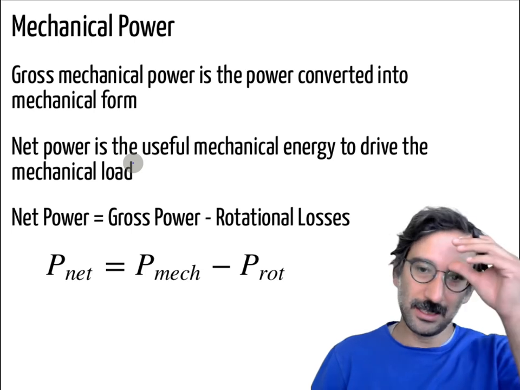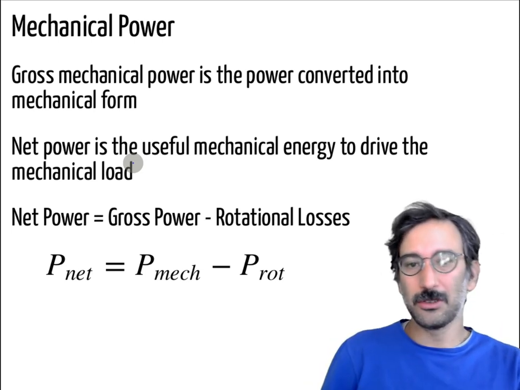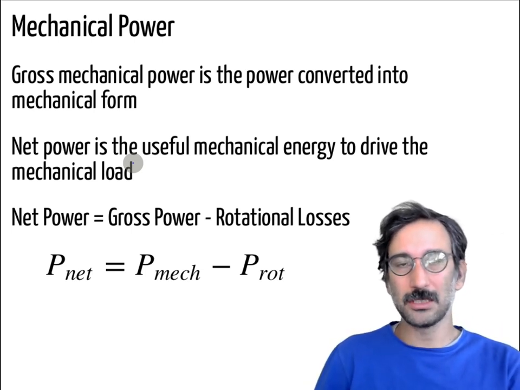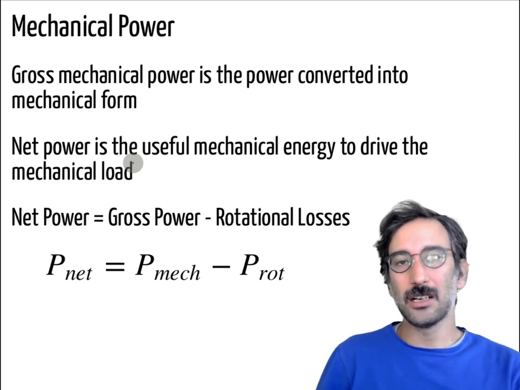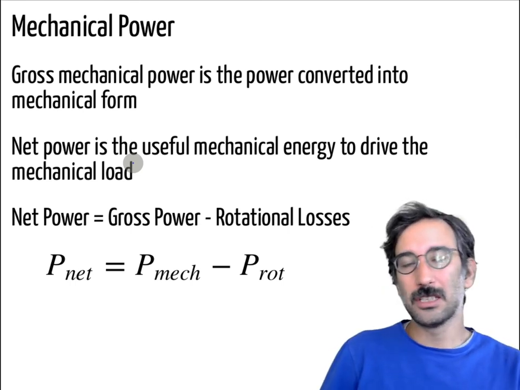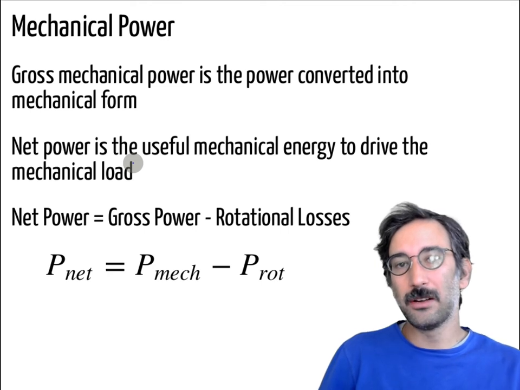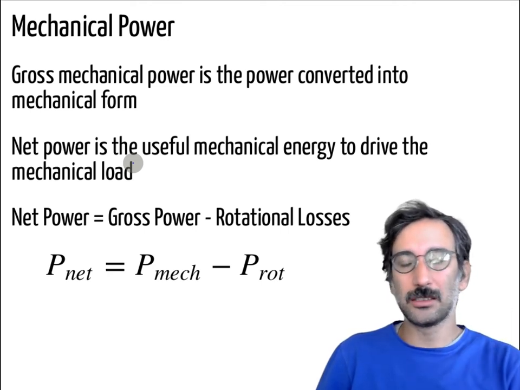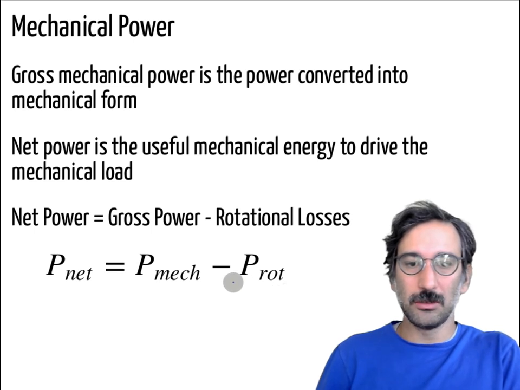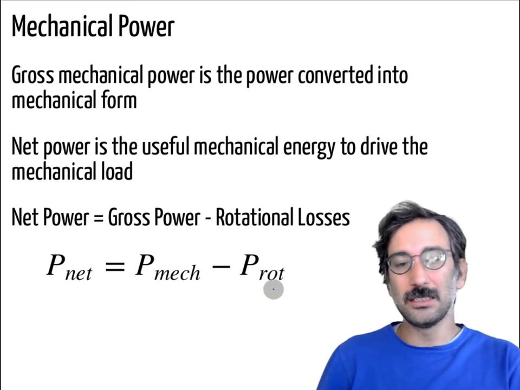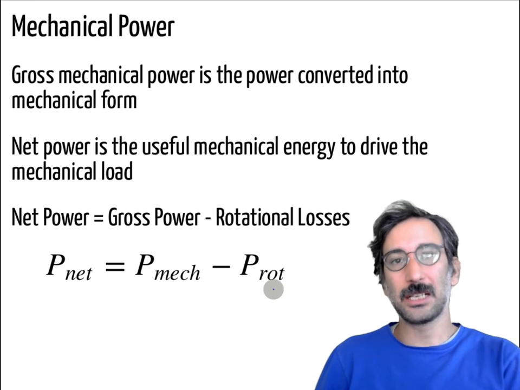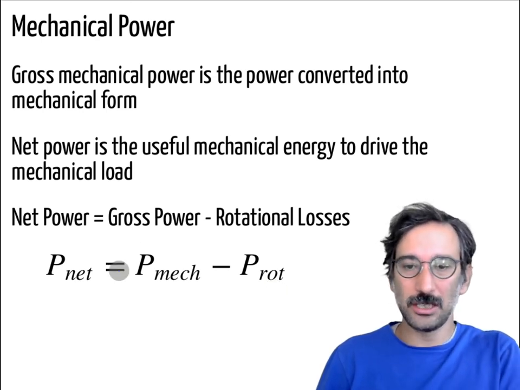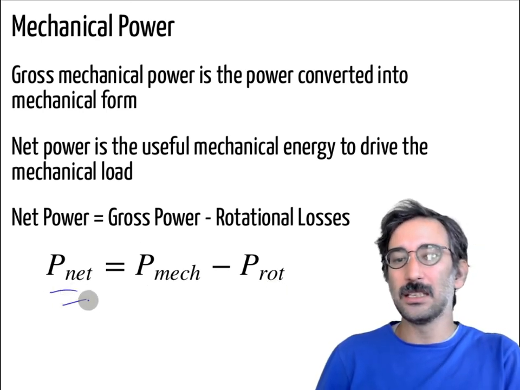So net power is the gross power that we obtain from the equivalent circuit parameters, minus what we don't represent in our equivalent circuit, for example frictions in the bearings. Maybe there's a fan connected to the shaft of the motor. They also require some mechanical power. So you subtract those rotational losses, or any power dissipated as heat in mechanical form inside the machine, and then you obtain the net power.